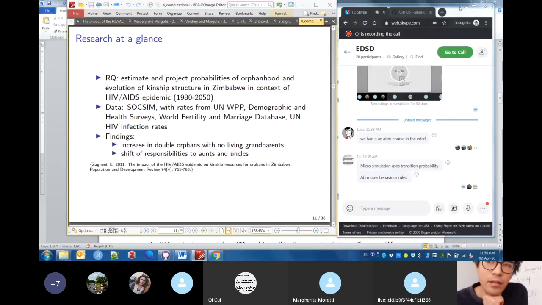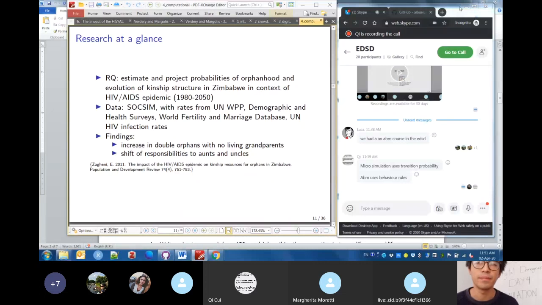And the results come from microsimulations conducted in SOCSIM using demographic rates. So I told you you have the microsimulation, but you need to give it some parameters so that it can assign probabilities of events to different actors, or to different agents, to use the language of ABM.